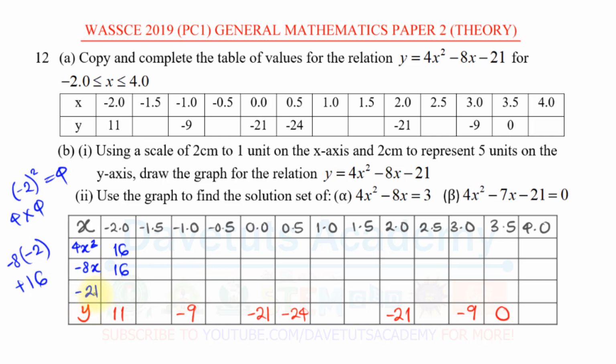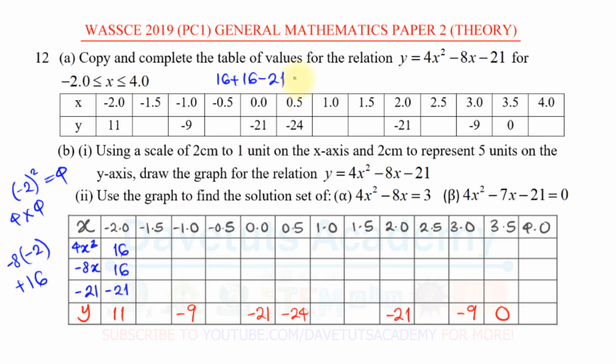Minus 21 is not taking any value of the variable, so it's a constant. And in short, throughout all of this row, all the entries are going to remain the same, and they will retain minus 21 as a value. So the task before us is to add 16 plus 16 minus 21, because we want to add this total column now in blue, the values in blue.